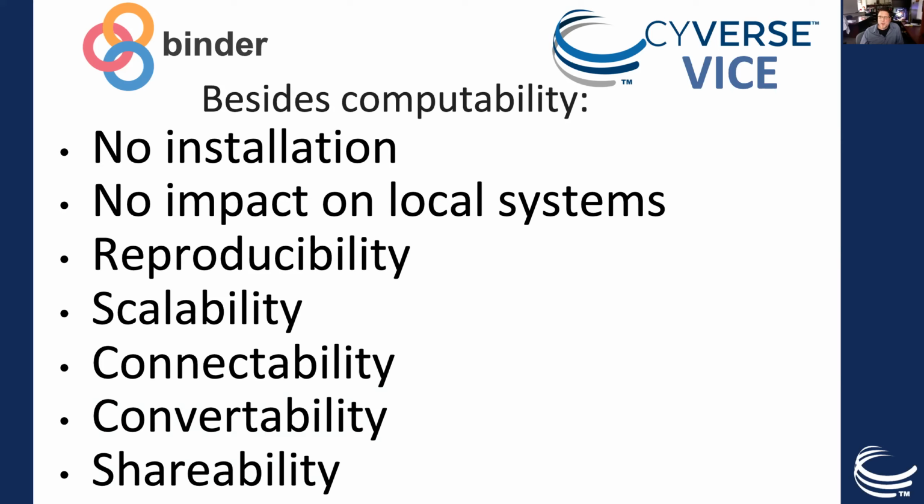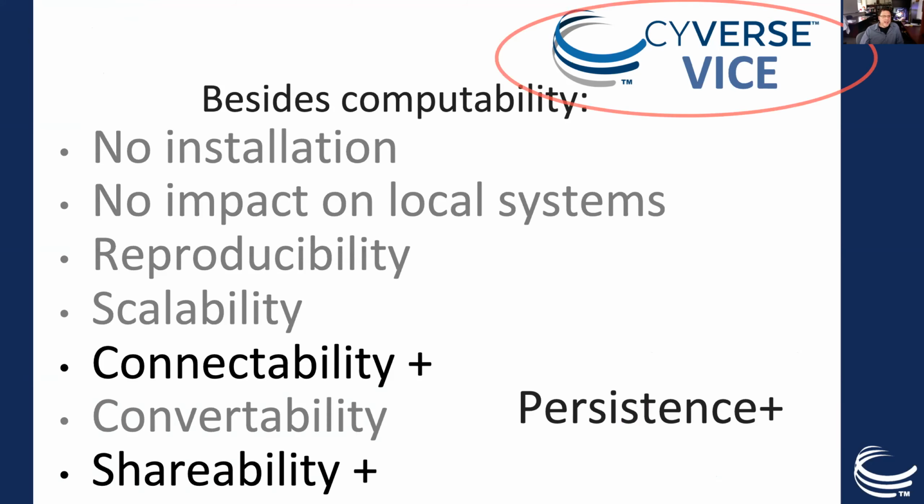But I do want to point out with CyVerse Vice, you get some bonuses here in that you get better connectability and shareability. We can talk about what that means in particular later, but at least the shareability means you can decide who you want to share it to without making all this public, whereas the Binder system has to be public.